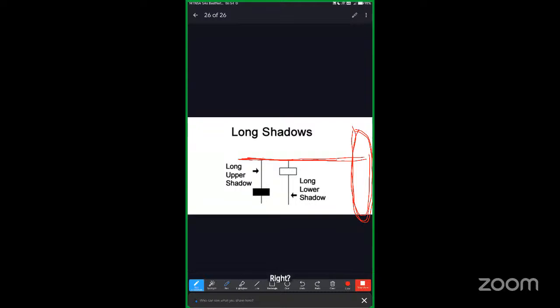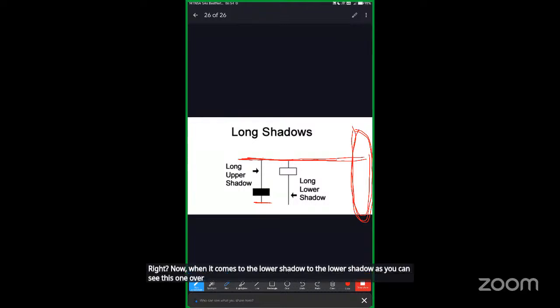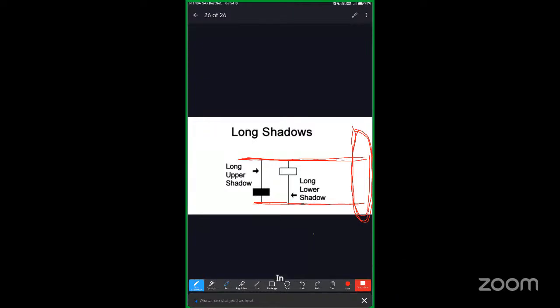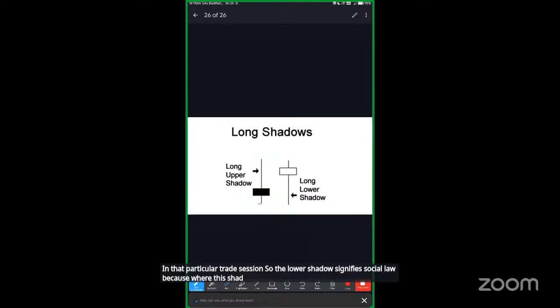Now, the lower shadow, as you can see this one over here, signifies the session went low, how low the session went in that particular trade session. So the lower shadow signifies session low, because where this shadow ended becomes the low of the market.